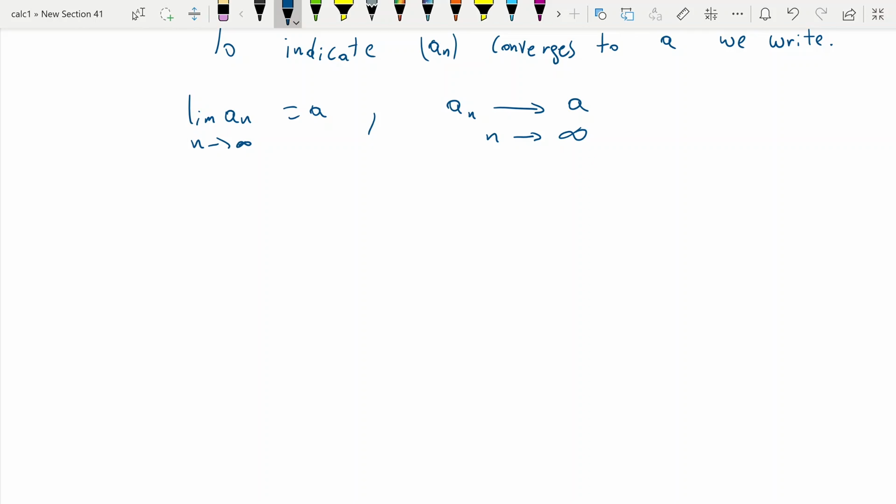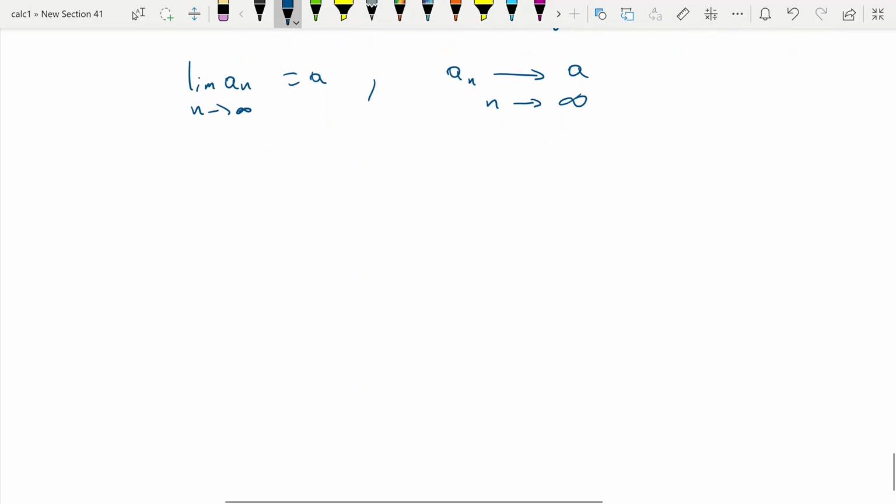The important thing now is how to show that something converges to something else. So this is how you proceed. This is a model problem.